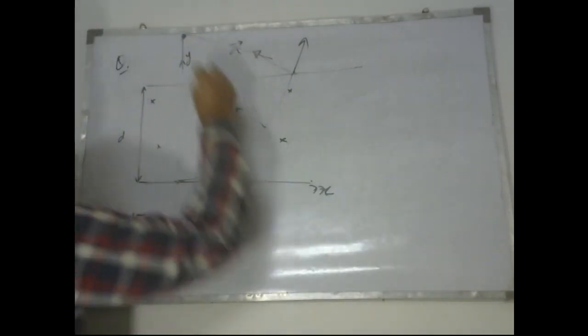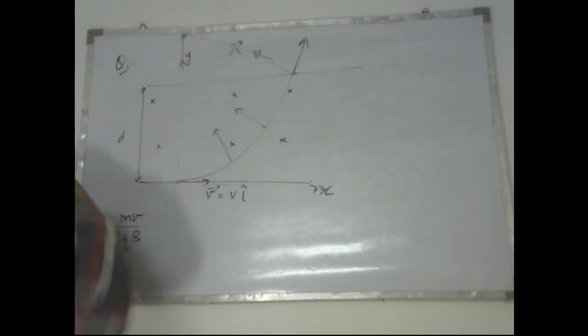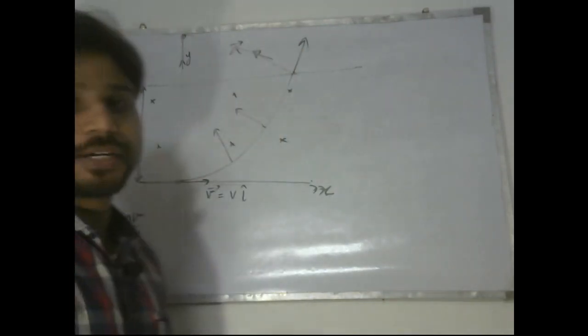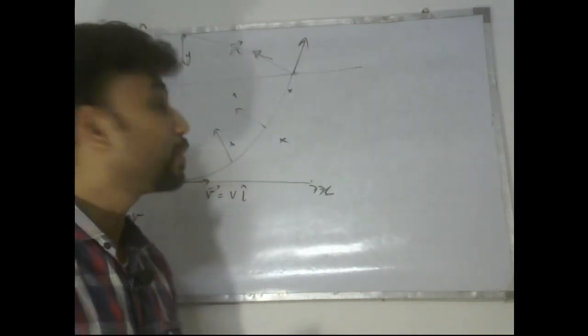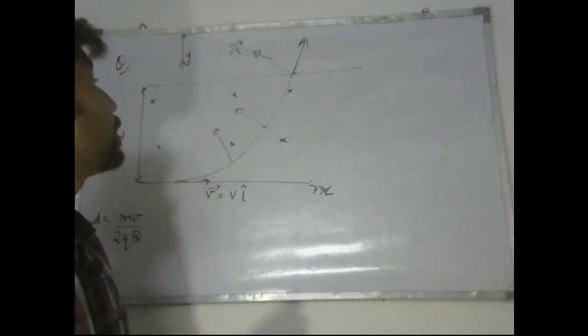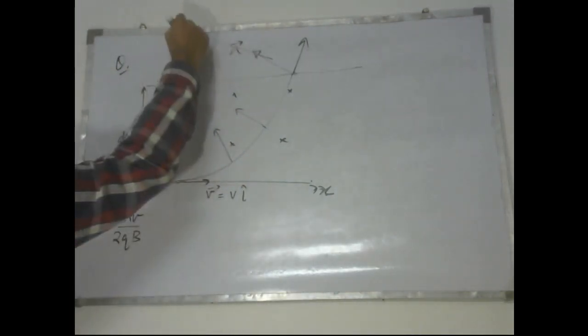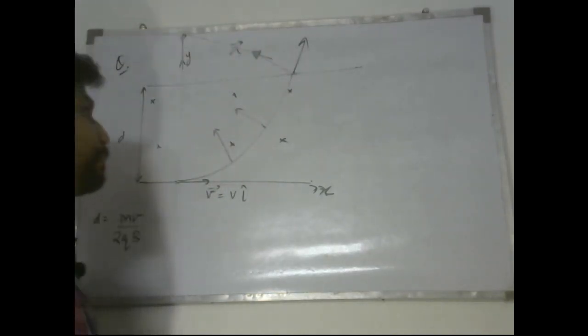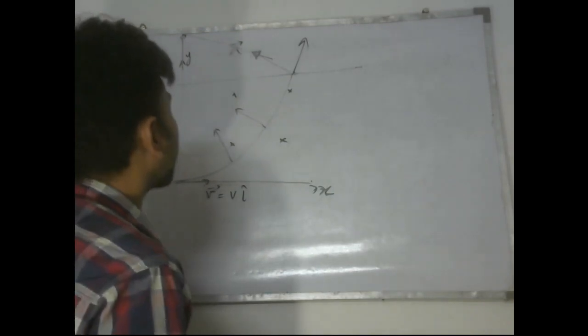This is the topmost point. This is the center of the arc which the particle has traversed. So what is the acceleration vector of the particle when it has just left the field? This is what we have to find.